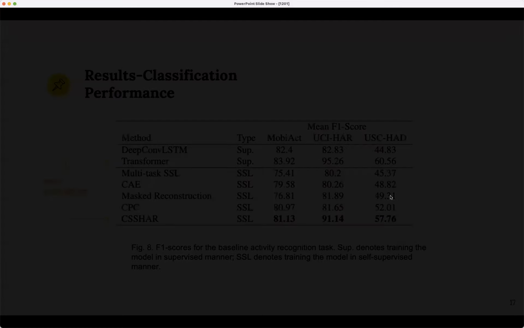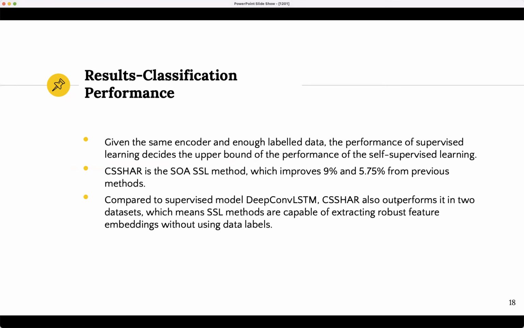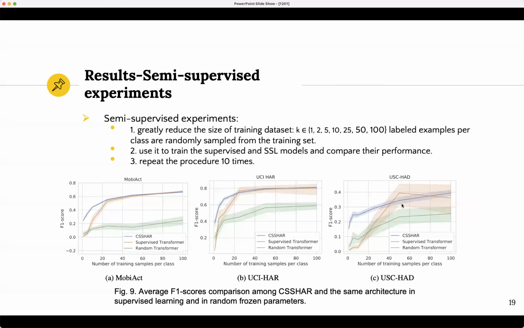And to test some conclusions I have mentioned before, and to test the effectiveness of this self-supervised learning in a much smaller data set, they also performed semi-supervised experiments. First, they greatly reduced the size of the training data sets, with K from 1 up to 100 labeled examples per class.